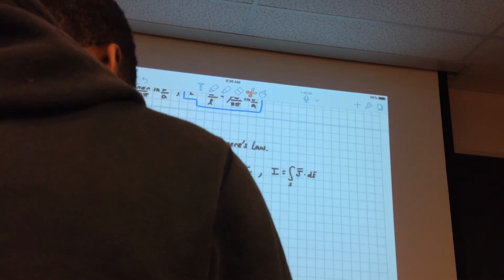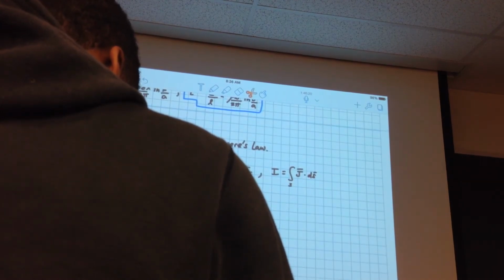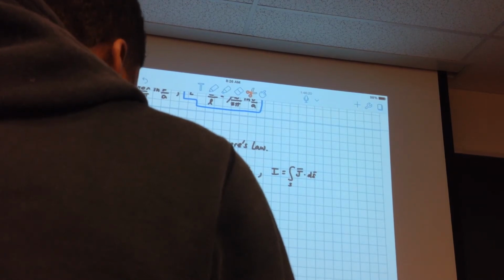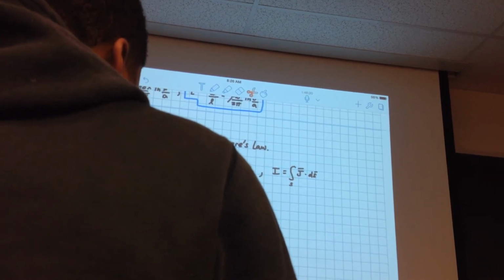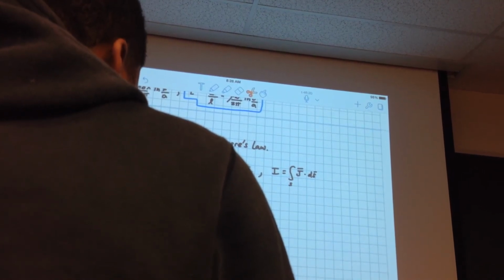Okay, so we want to pick an Amperian contour C such that even though we don't know the magnetic field, since that's what we're looking for, we can argue that it is constant over that contour, and that allows us to pull this magnetic field H out of this integral.